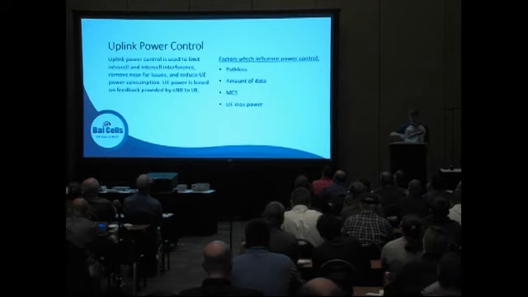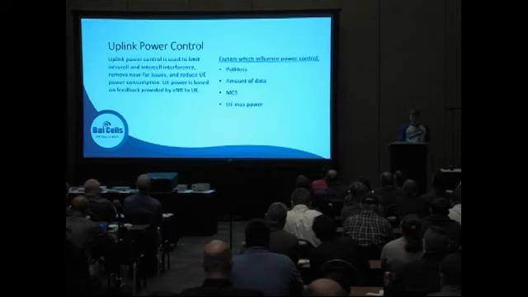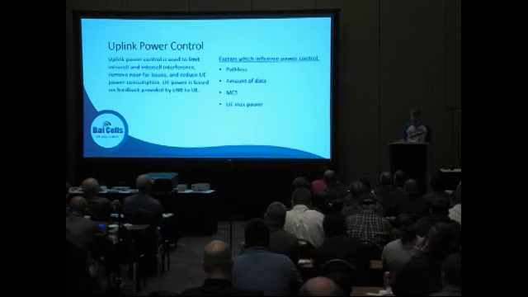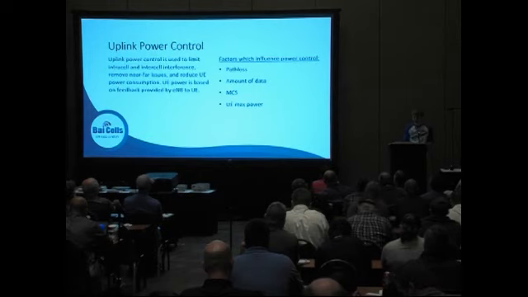The UE will increase power until it reaches it, and at that point, the power depends on how much data is being pushed. So if you are recording what the MCS levels are during installs, I would recommend checking the uplink MCS while running an uplink speed test, because that's going to give you the most accurate MCS readings.